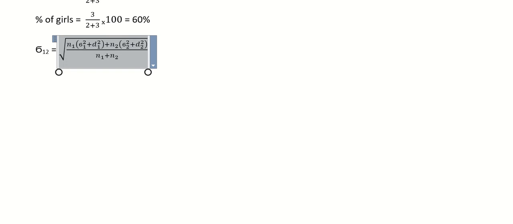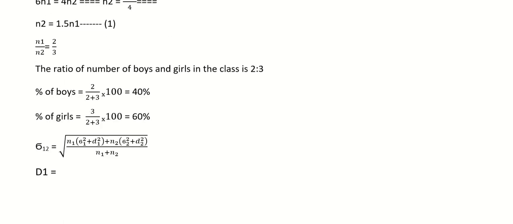We have to calculate the square of it as it is given to you in the question. So d1 is the deviation, square of deviation 1. Then n2 is number of girls. Standard deviation 2 square is basically girls' standard deviation square, and d2 is deviation of mean 2 square.